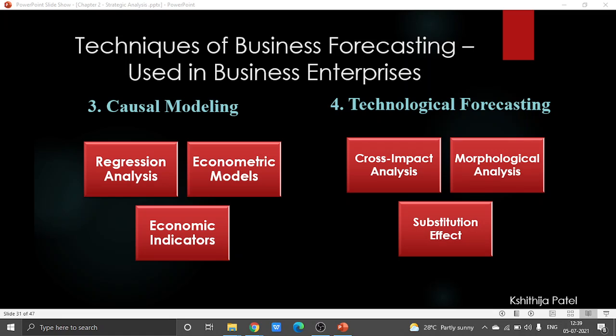So the three things that we can take here, the first one, is cross impact analysis.